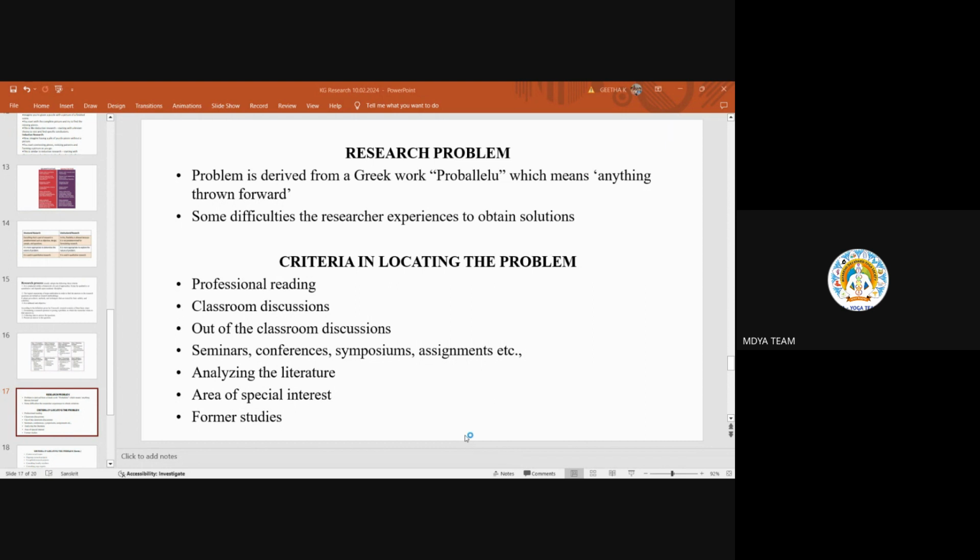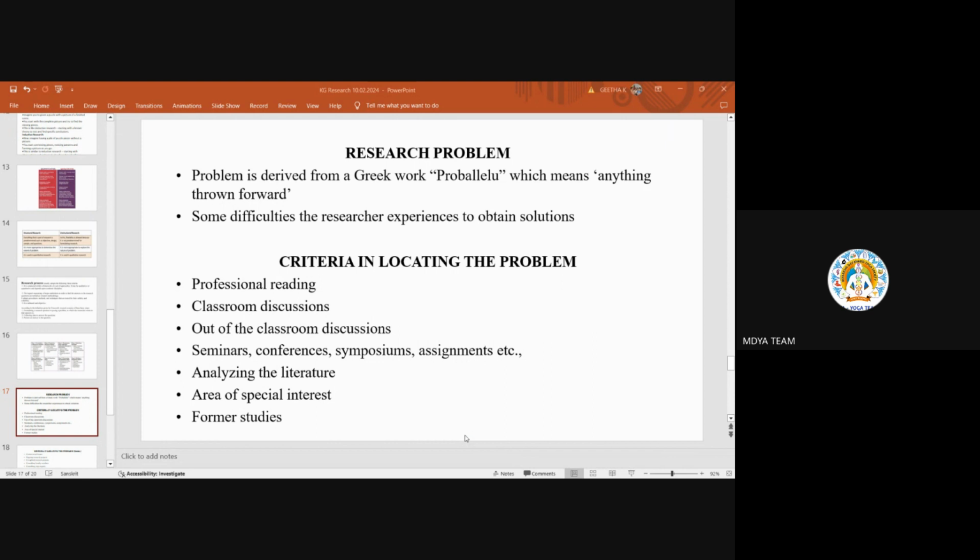And then area of your special interest. My suggestion is your special interest would have developed while you are taking the classes itself, no doubt about it. But only when you attend the seminars and conferences will you really identify what your own interest is. When you listen to the maximum number of lecturers, we can identify our real interesting field.